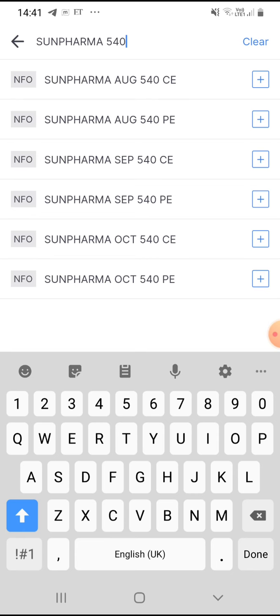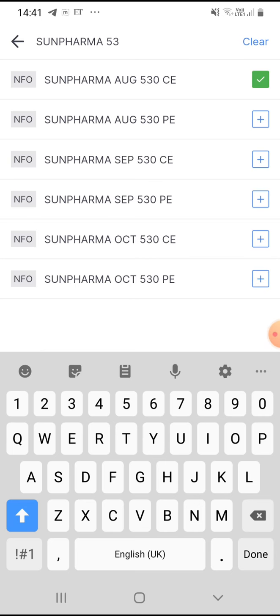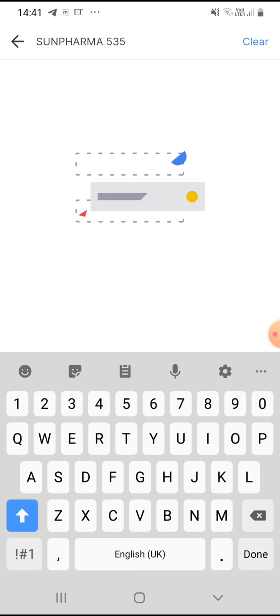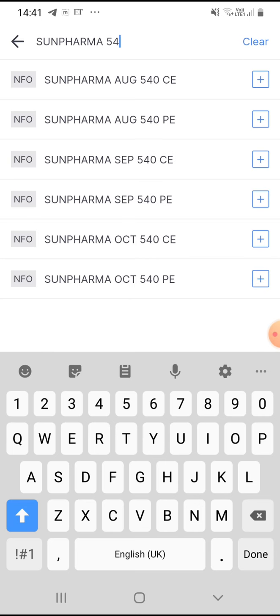So what is the real value of Sun Pharma? 535. It has strikes at 10-point gaps only, that is why when we typed 535 we didn't get anything. It is 540.